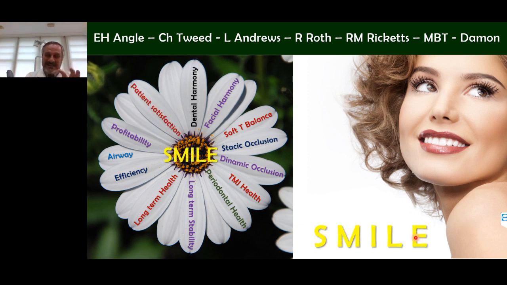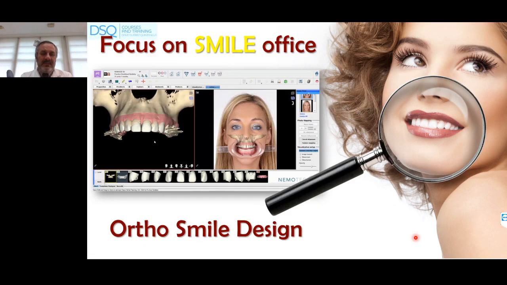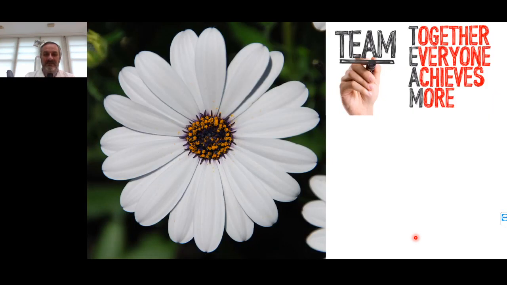And the next, and the center of our office is the smile. The smile according to the new parameters. For this reason, we have to focus on the new orthodontic office, and in the center is the smile, the ortho smile design office.